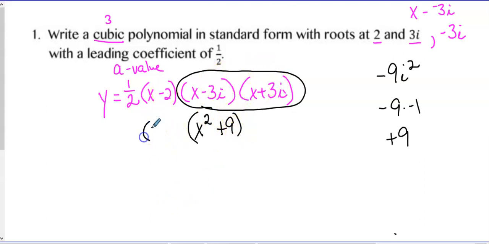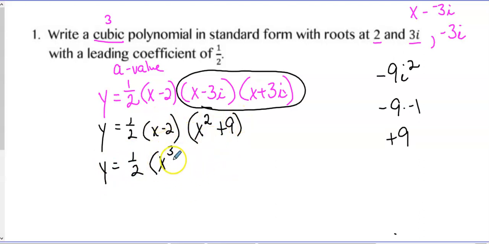Okay, so now I've got one thing multiplied. I saved the 1/2 till last. Then I'm going to multiply these two binomials right here. y equals 1/2, and I'm going to multiply that in last. So this is going to be x cubed plus 9x minus 2x squared minus 18.